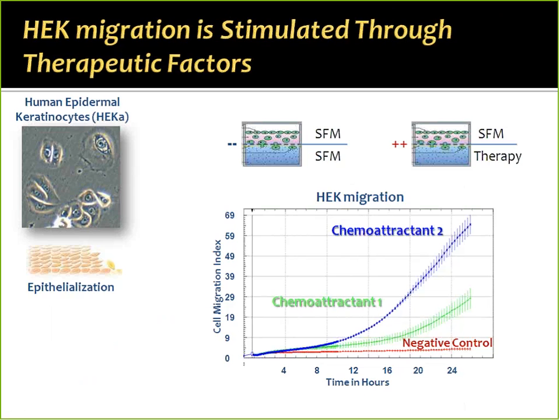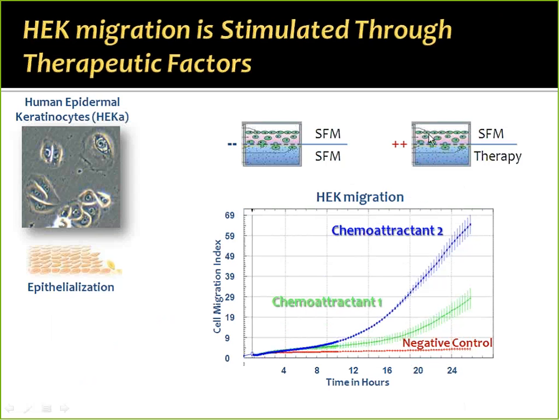So one example of how we would do an experiment in a laboratory is, again, human epidermal keratinocyte migration. We have looked at cells that were treated with negative pressure and cells that have been untreated. We then looked at the secreted factors from these cells. This is conditioned media from these two different therapies, which we place on the bottom chamber as our test sample.